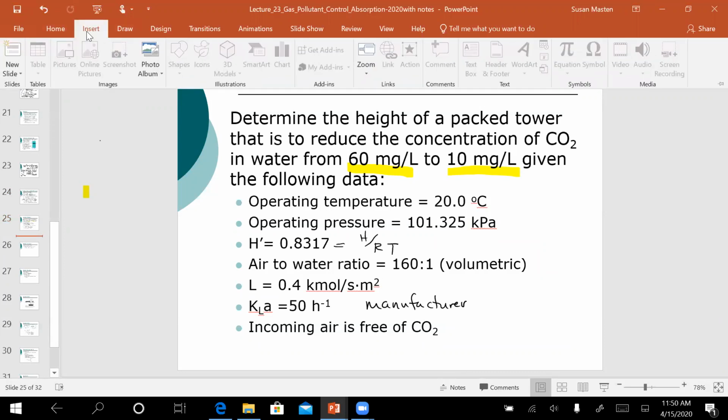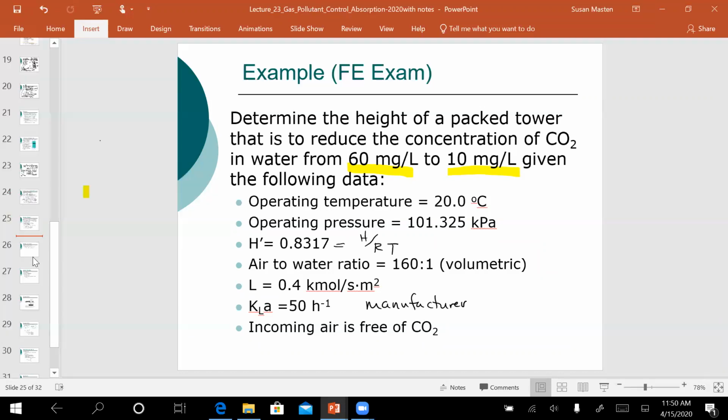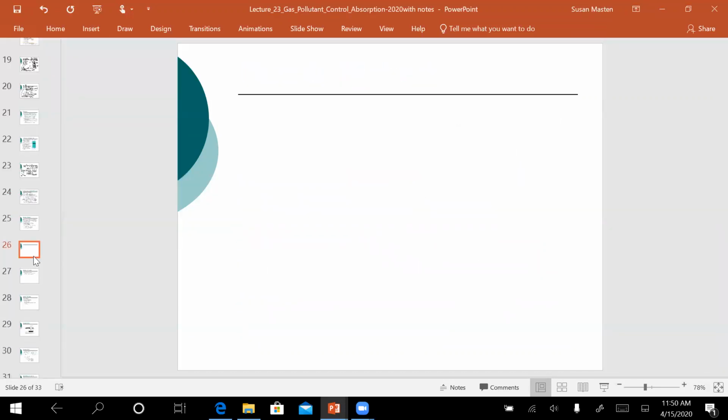So let's insert a slide. We're told the influent CO2 is 60 milligrams per liter. The desired effluent concentration is 10 milligrams per liter. We are given a Henry's constant, and that's the dimensionless Henry's constant, and that is 0.8317.